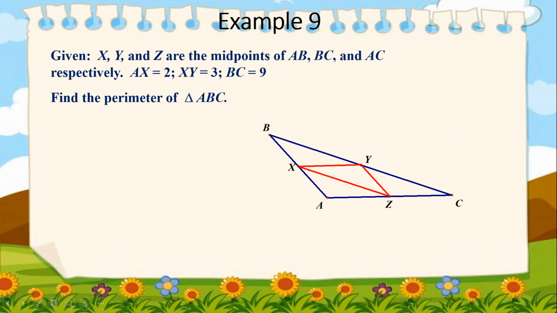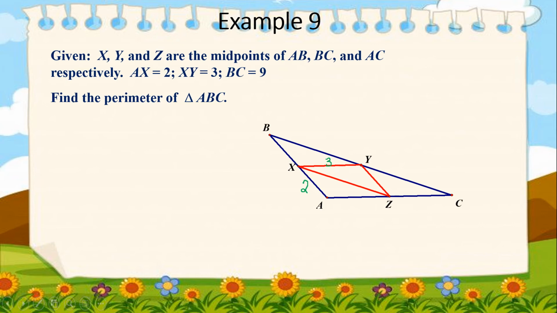Another example, given X, Y, and Z are the midpoints of AB, BC, and AC respectively. Now, AX is equal to 2. Let me label it in the given figure. XY is equal to 3.